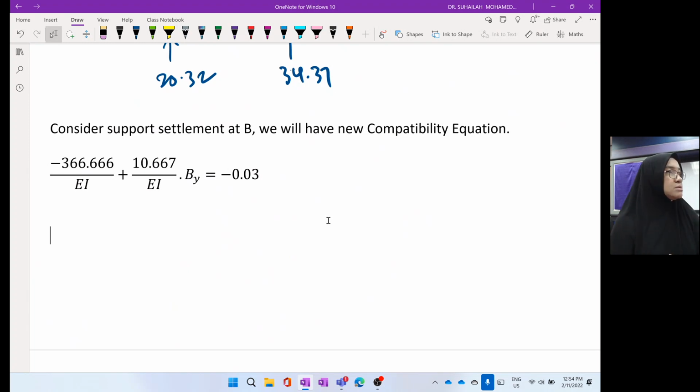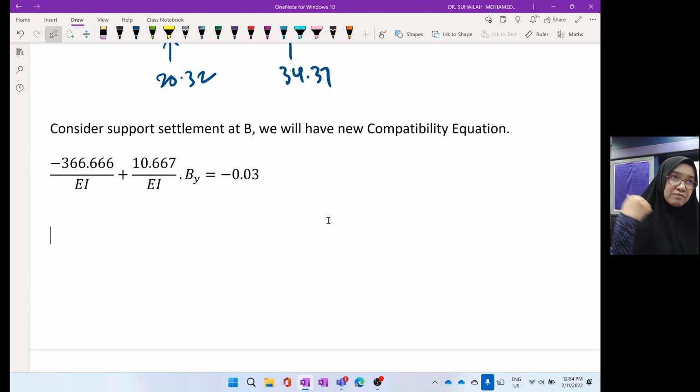Boleh ke solve macam tu? If EI we do not know the value, can we solve for BY? Tadi because equal to 0, kita boleh cancel right? Now we want to solve this, we have to have E and I value. Kita tak boleh simply cancel sebab 0.03 is in meter. 366.667 belum in meter lagi.